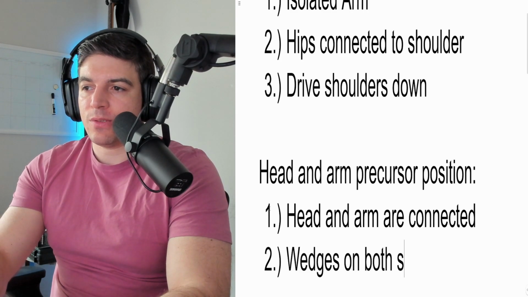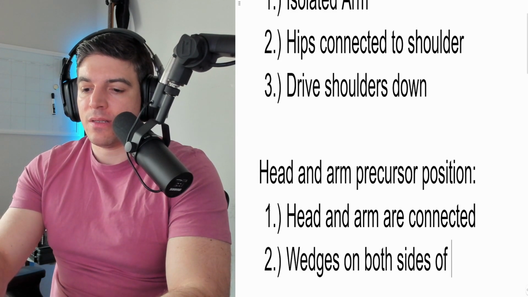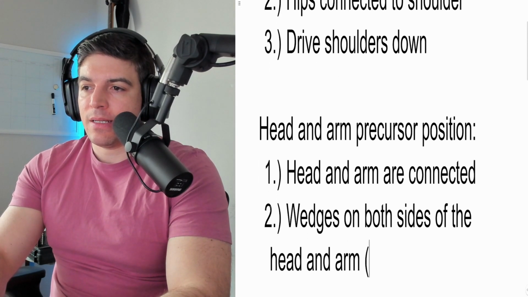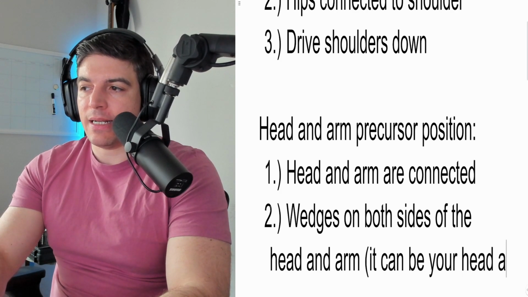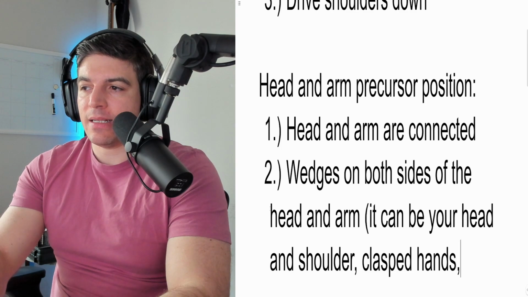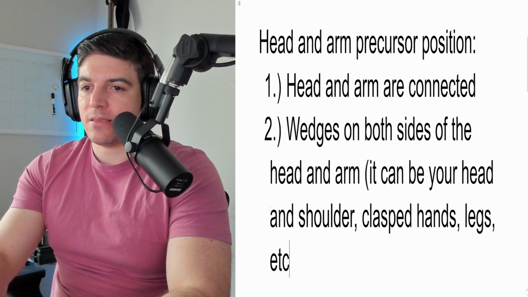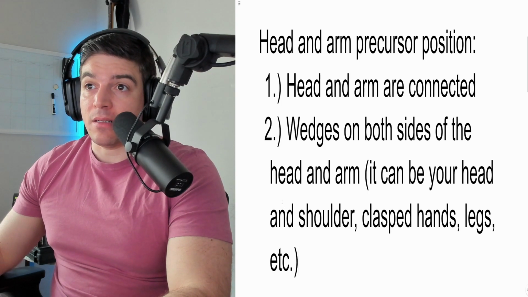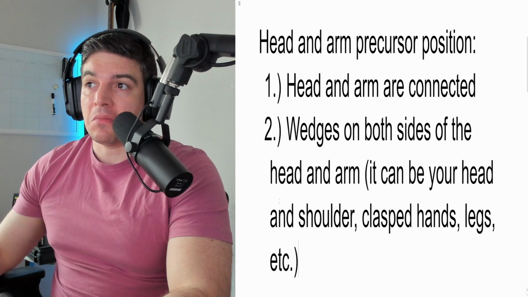Wedges on both sides of the head and arm. It can be your head and shoulder, clasped hands, legs, etc. So lots of options there. And that's it. Yeah, head and arm connected.